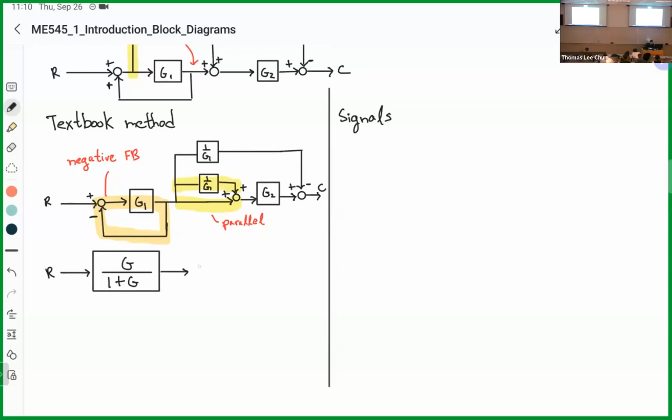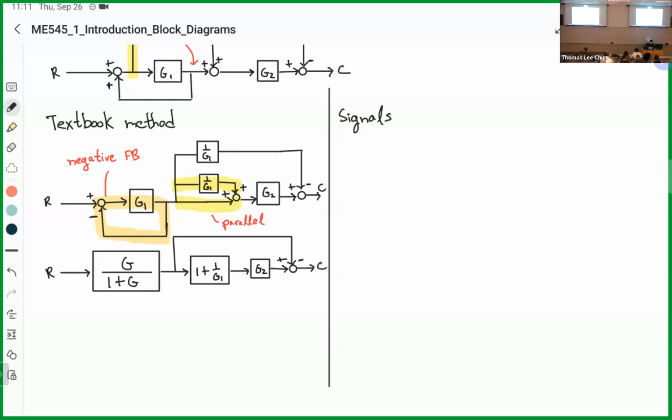We get this parallel signal, which is going to be 1 plus 1 over G1. And this is going into G2. And then we still have this other signal. Like that.